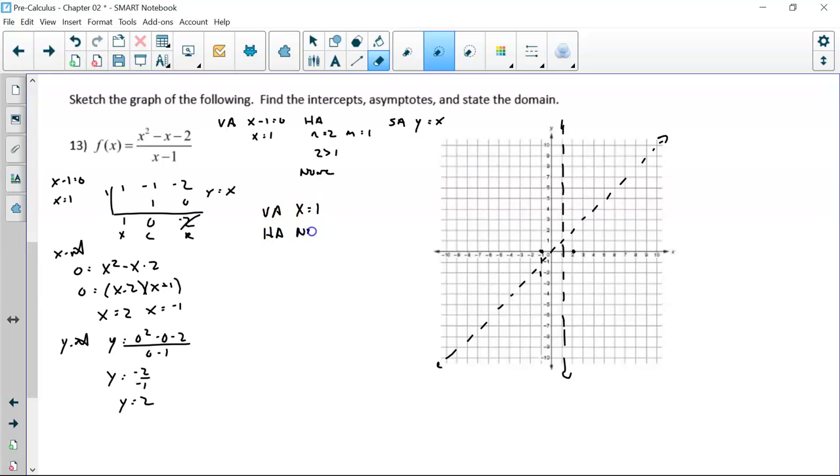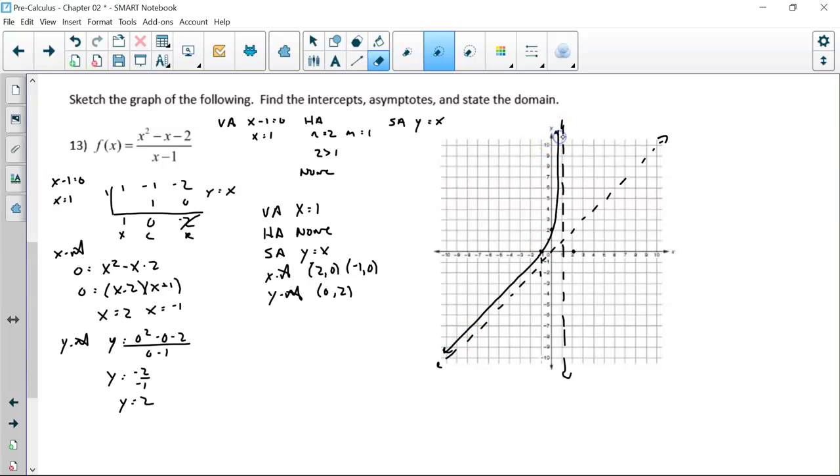So my vertical asymptote is x equals 1. The horizontal asymptote doesn't exist. There is none. Slant asymptote, y equals x. The x-intercepts are at (2, 0) and (negative 1, 0). The y-intercept is at (0, 2). When you draw the graph of this, like I said, it's going to work its way along those asymptotes.